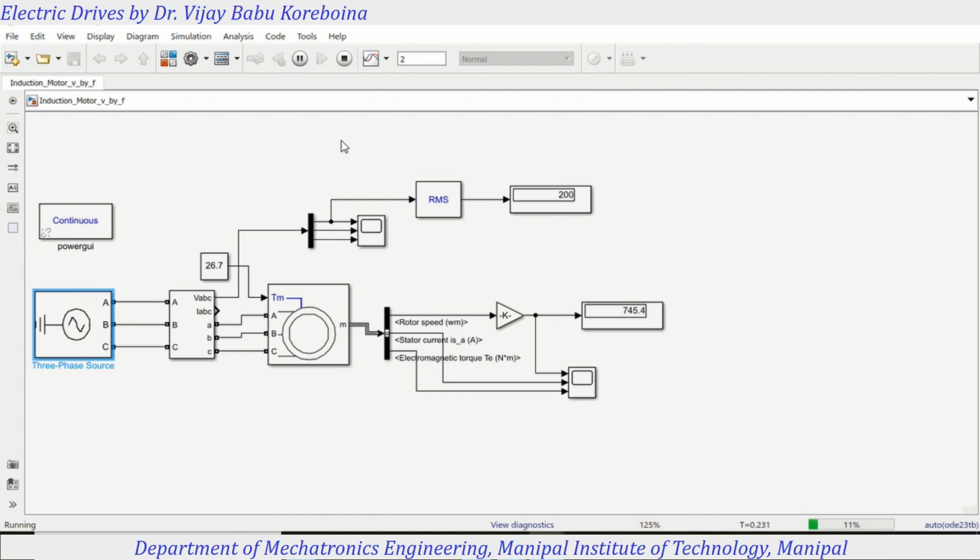Until it is taking transients, and after the transients it settles. After the transients, we can get the steady state value.